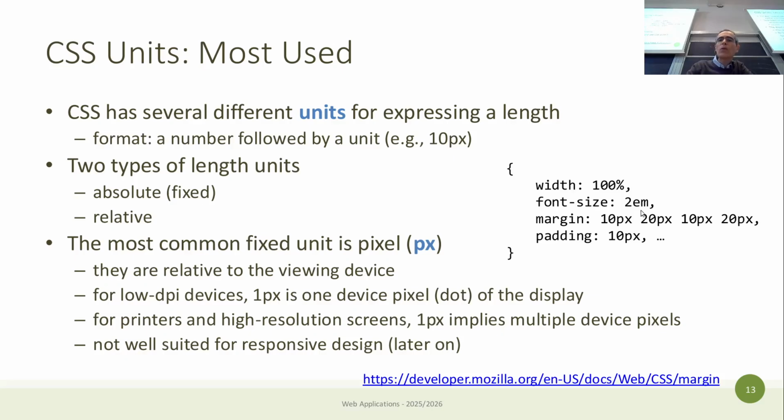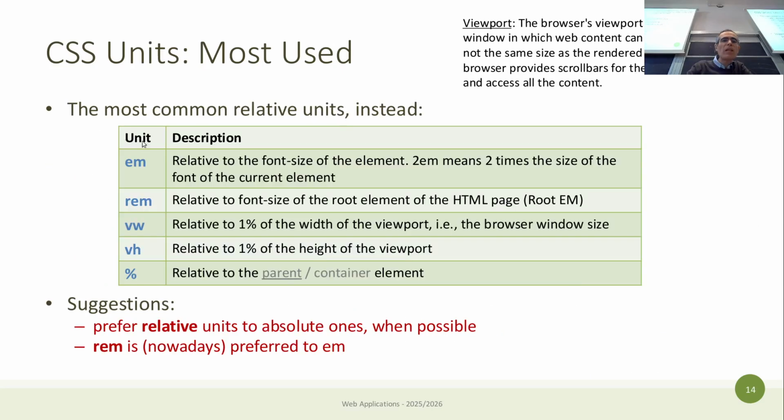But again, I don't want to spend too much time on this. You can specify relative units when it's needed, okay? REM, relative to the viewport, that means the current size of the window or the browser, and so on. So prefer relative units to absolute ones when possible because resizing is made easier, okay?